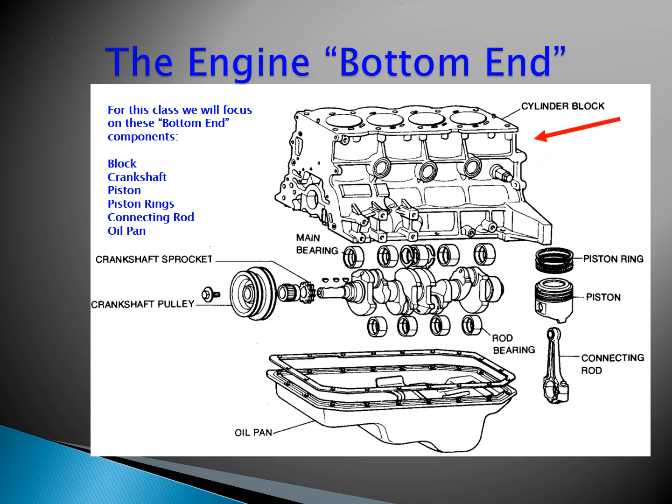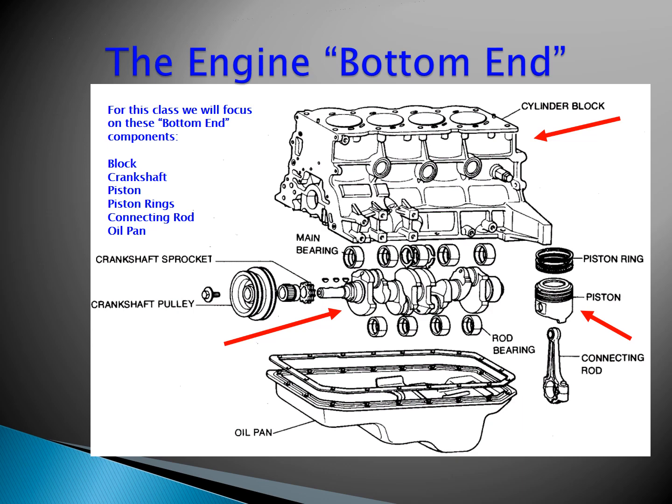First on our list is the block itself. We've already talked about this quite a bit. Then inside the block, we've got our crankshaft itself. You see the crankshaft sprocket there in the diagram and the pulley. Over here we have a piston.